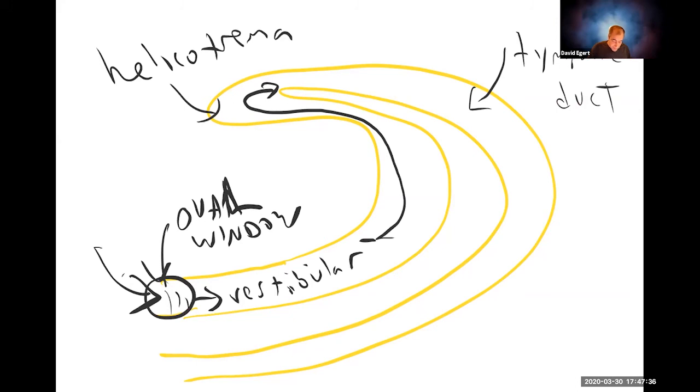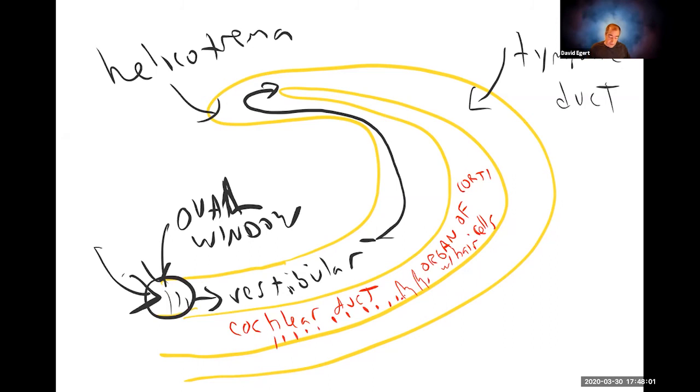And in the middle here is the cochlear duct. And this is where you have the hair cells and the organ of Corti. This is where you actually have the stuff that can convert vibration into electrical signal.